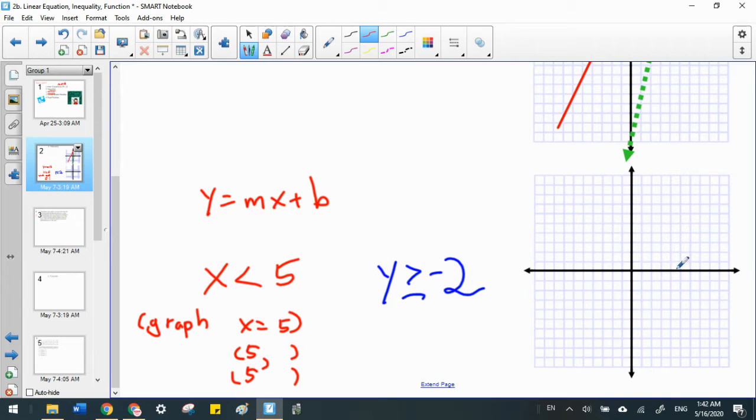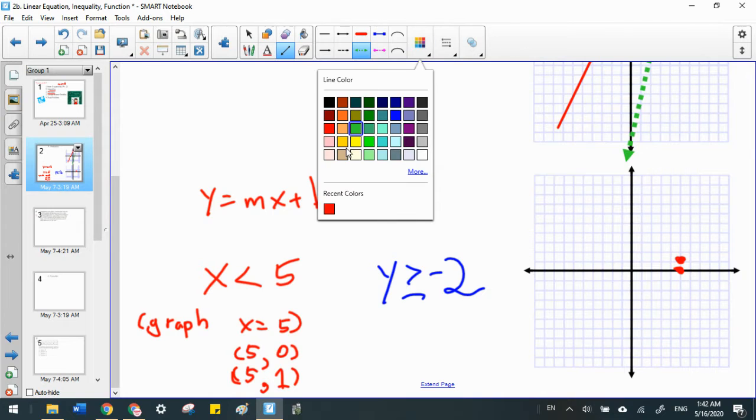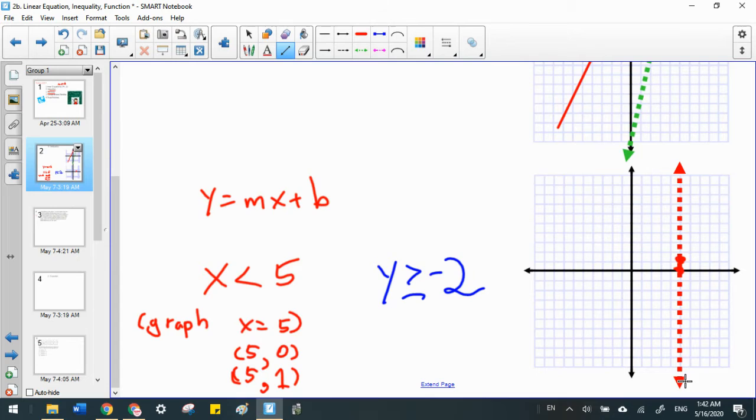So I can graph one point with an x value of 5. So let's say (5, 0). It doesn't really matter what you put down. It's important for you to remember that the x value is going to be 5. So that's one point with an x value of 5, and now I just need to pick any other y value for a point where the x value is 5. Once you make two points, that's enough for you to see that you are supposed to be graphing a vertical line when you have x equals some value.